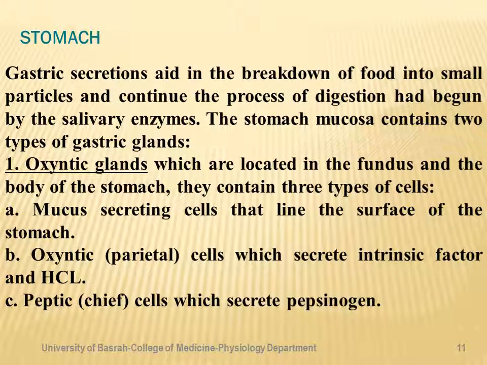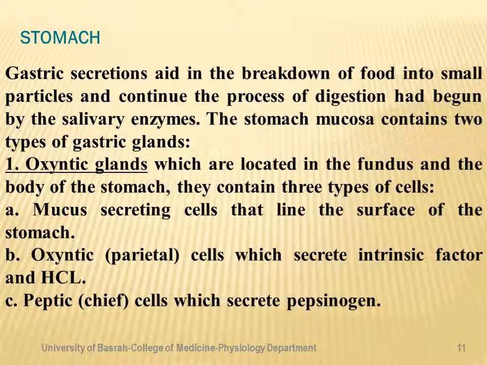The secretory function of the stomach: gastric secretion helps in the breakdown of food into small particles and continues the process of digestion that began with salivary enzymes. The stomach mucosa contains two types of gastric glands.